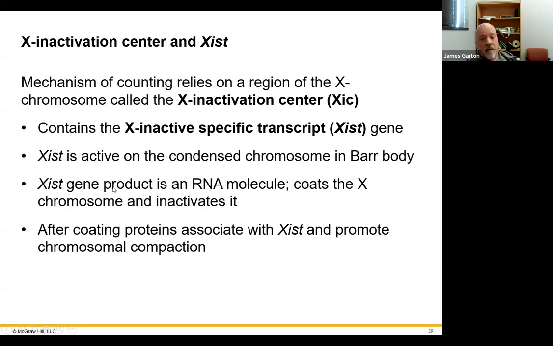This gene makes an RNA molecule that covers up the X chromosome and inactivates it. After this RNA coats the X chromosome, proteins are attracted to it and compact the chromosome.